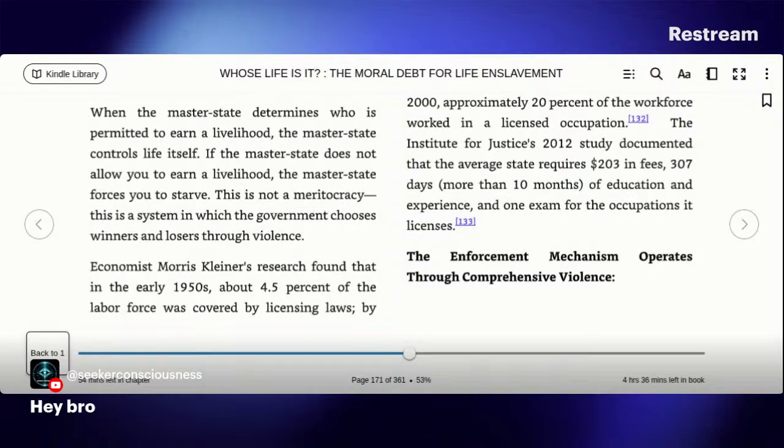By 2000, approximately 20% of the workforce worked in a licensed occupation. The Institute for Justice 2012 study documented that the average state required $203 in fees, 300 days, more than 10 months of education and experience, and one exam for the occupation it licenses.